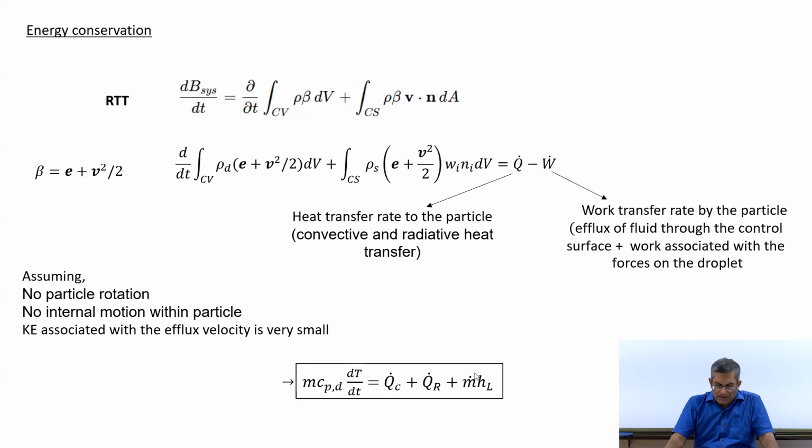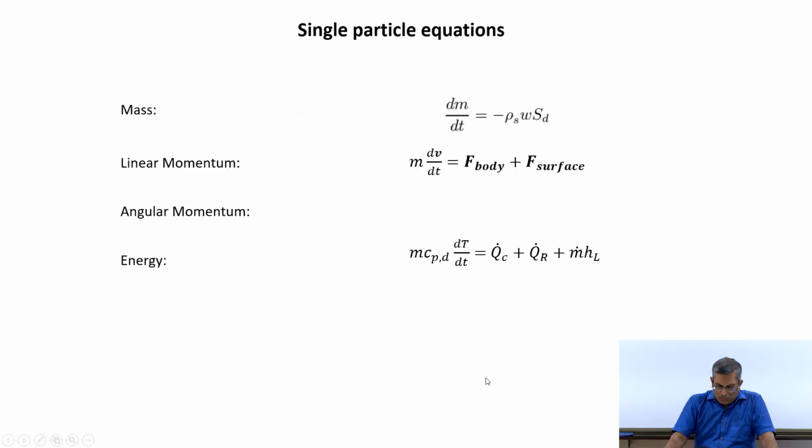Okay. So, if we have, say, a droplet which is evaporating. Finally, here we summarize the equations that we derived by applying the Reynolds transport theorem to a single particle: mass, momentum and energy conservation equations.